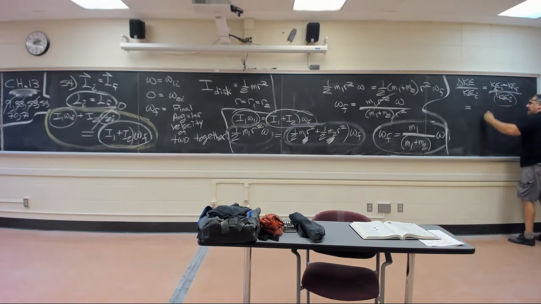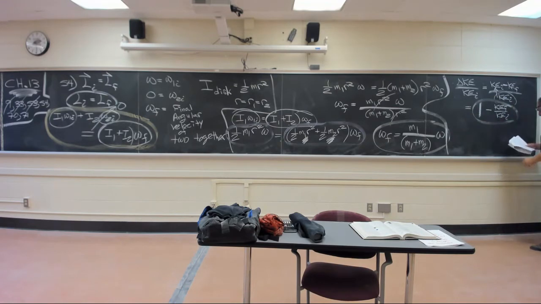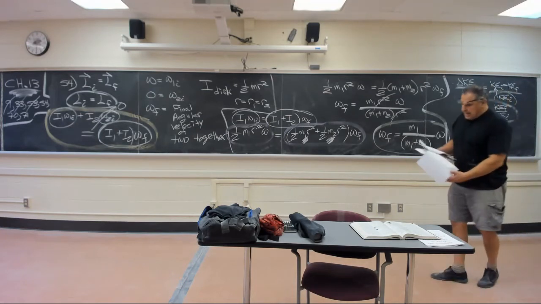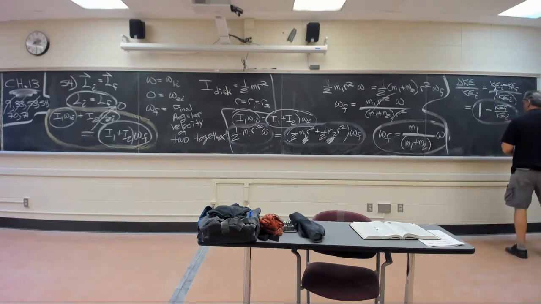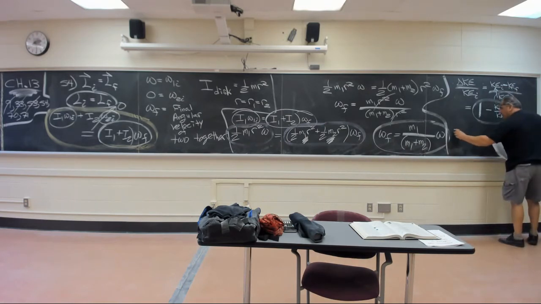KEI goes into KEI one time. Minus KEF over KEI. This is it. This is what we got. We got to work with this and figure out what we're doing. All right, let's go.